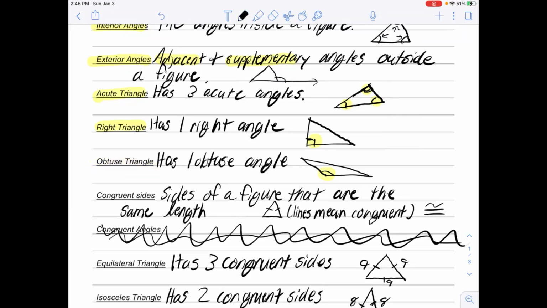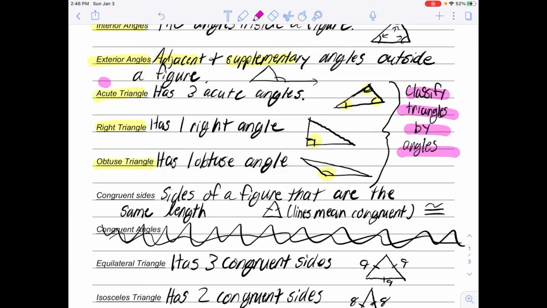These three vocabulary words, and you can make a note here if you want, are used to classify triangles by their angles. If we wanted to name a triangle based on its angle measures, we would use the words acute, right, and obtuse.